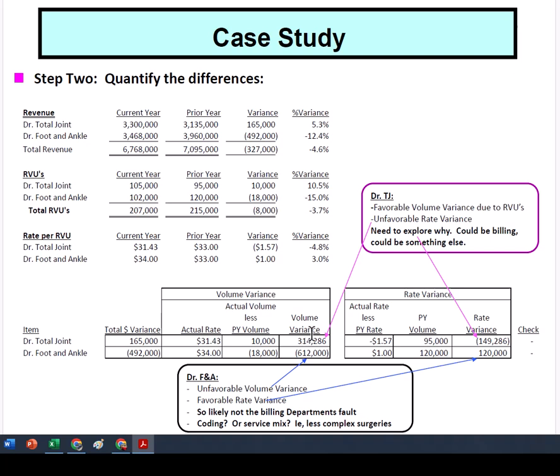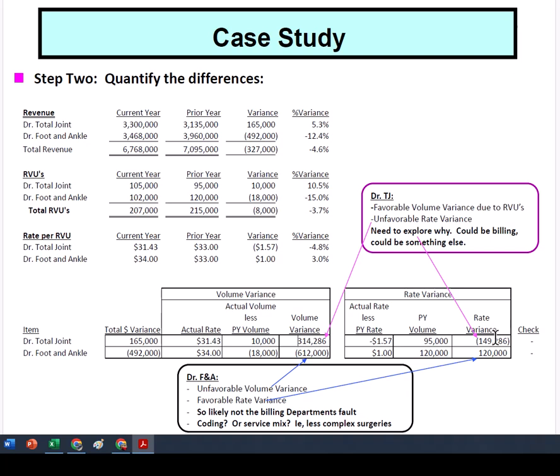So, Dr. Total Joint's revenue variance is favorable, $165,000. The volume variance, $314,000 favorable, because more RVUs. The rate variance is unfavorable.